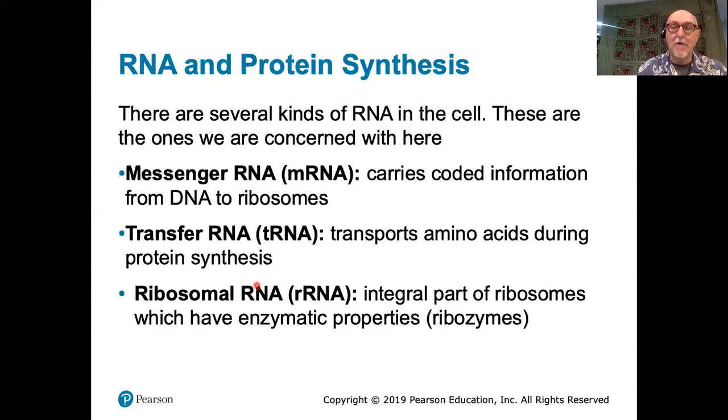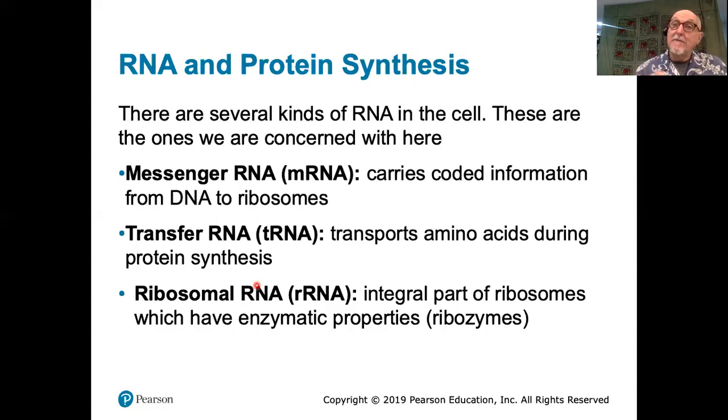We have said before that the vast majority of enzymes in the cell are actually protein, but the exception are the RNA molecules which are able to act as enzymes, and we call them the ribozymes.